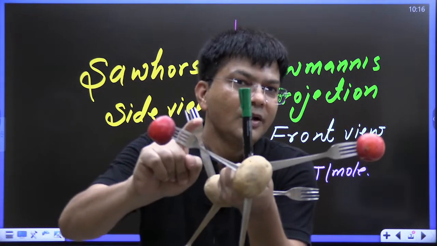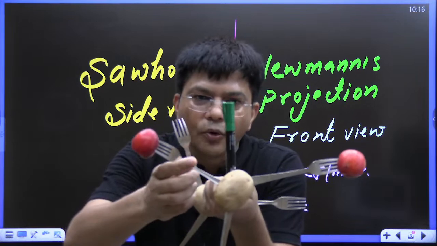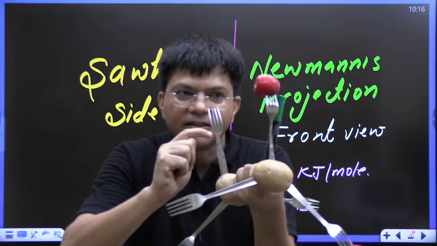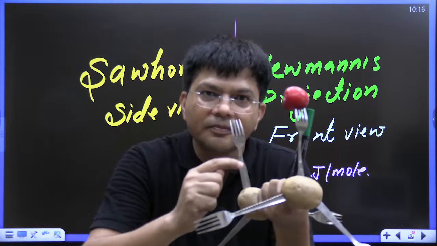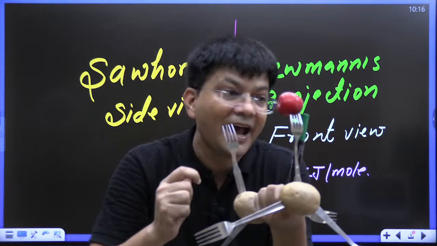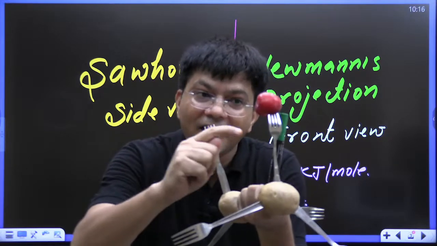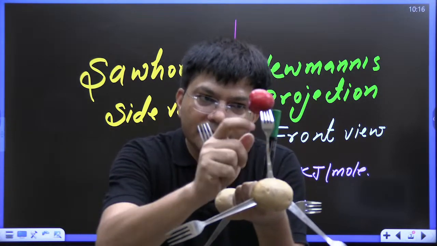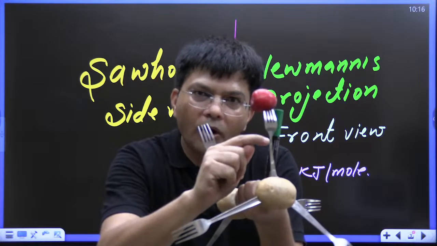Can you see? So when I rotate from 0, because in between this and this is 0 angle, this is known as dihedral angle. Dihedral angle is 0, then this is fully eclipsed. And if I rotate, you see this hydrogen I have brought over here.